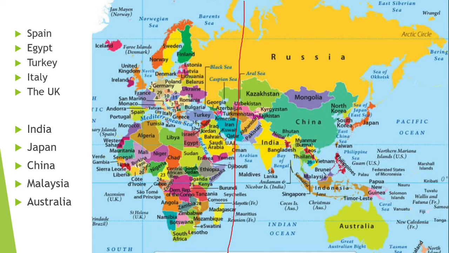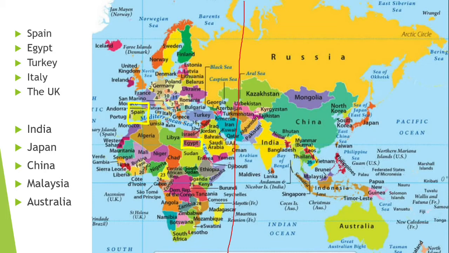Okay, so the first one we will be looking at Spain. Can you find Spain? Spain is green in color. Good, it's here. Next, Egypt. Can anyone find Egypt? Egypt should be somewhere in the middle of UAE. Yes, it's here.